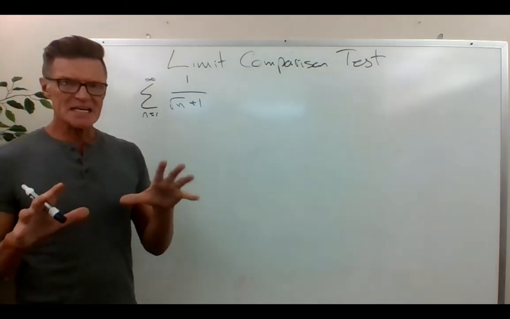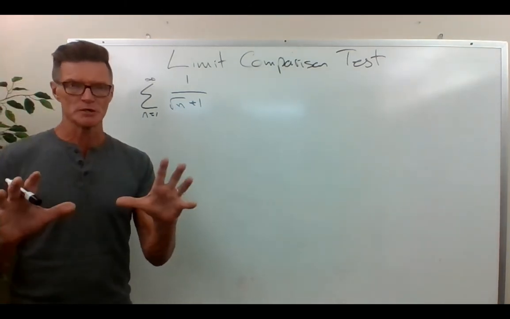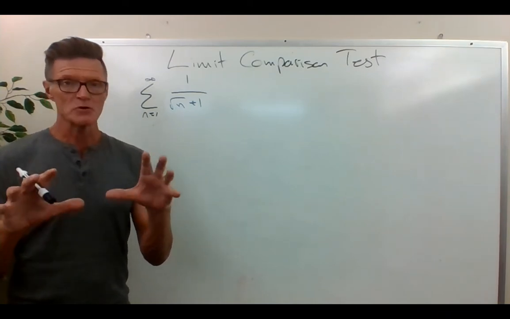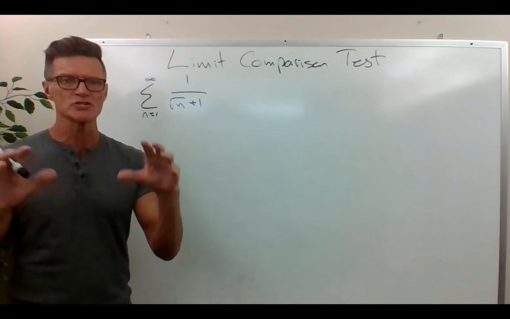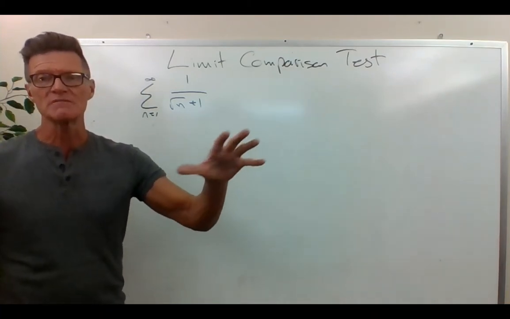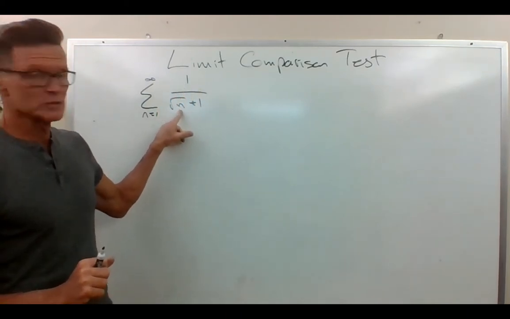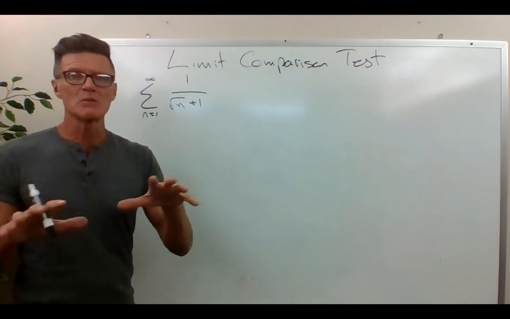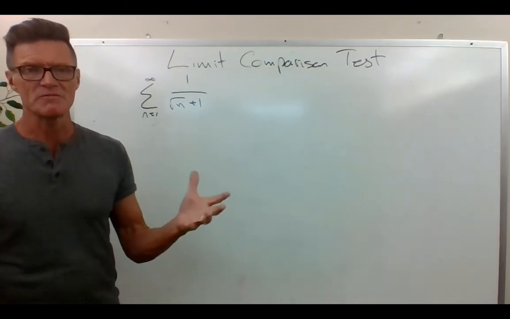The idea here is that we want to look at the most powerful term. What I mean by the most powerful term is, as n gets larger and larger, getting closer and closer to infinity, which one of these terms, the square root of n, or 1, is having the most effect on the outcome? Well, the constants have no effect.